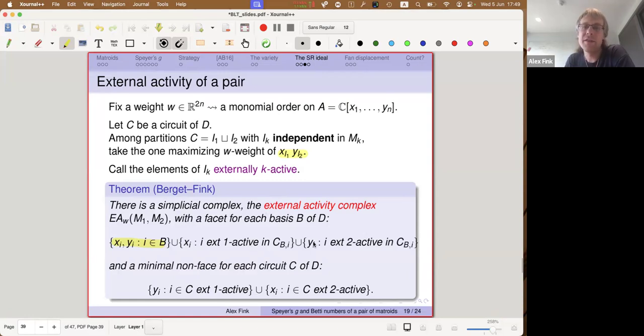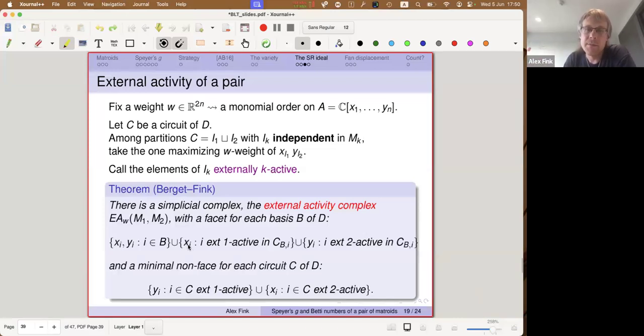Okay, if those are the facets, then the minimal non-faces are going to come from circuits of the same D, and for the circuits, you give only one color to each element, and again, it's the color that is the opposite to the color I gave it above for the fundamental circuit case.